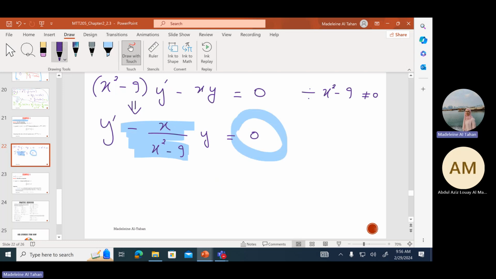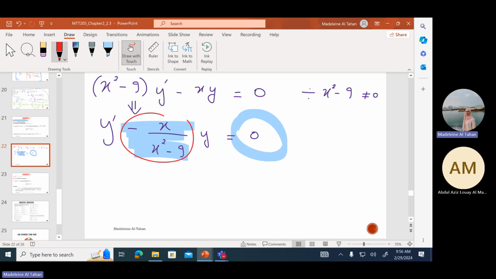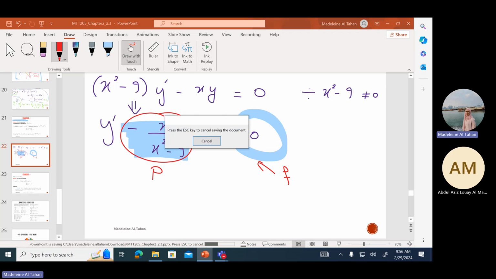One of these is P and one of them is F. So what's P here? This one is P and this one is F. We wrote it in standard form and decided on our P and our F. Now the next step, find the integrating factor.